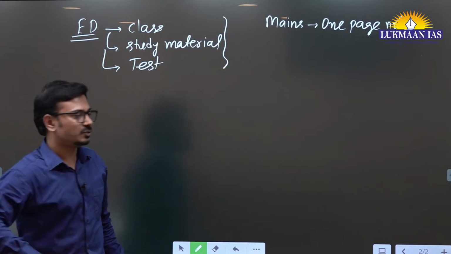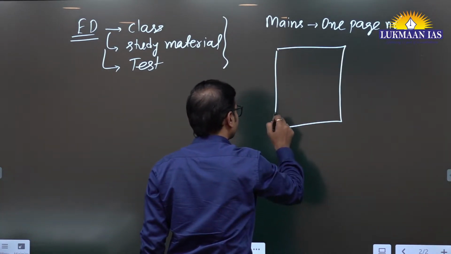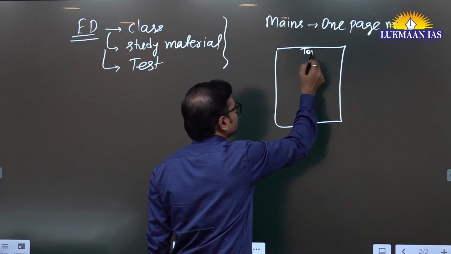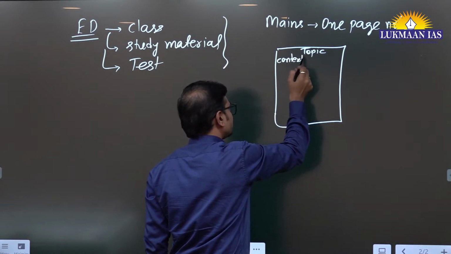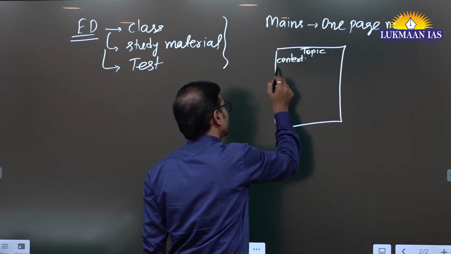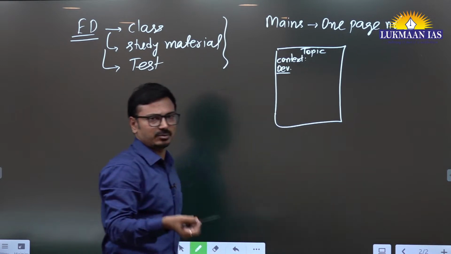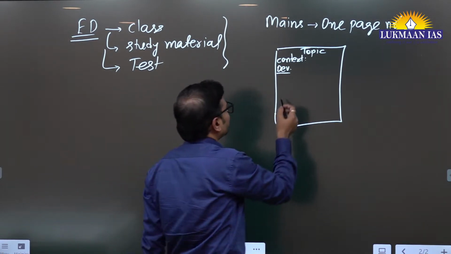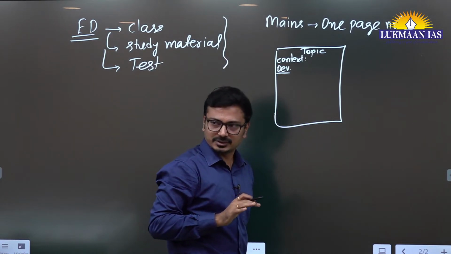And that 1-page note, जैसे हम A4 size का आपका page. So topic name, context, 1 or 2 lines. If there is, let's say, an important development, then 2-3 lines about the development, major highlights. Then thereafter, generally I tell students the common pro forma that we follow in answers.